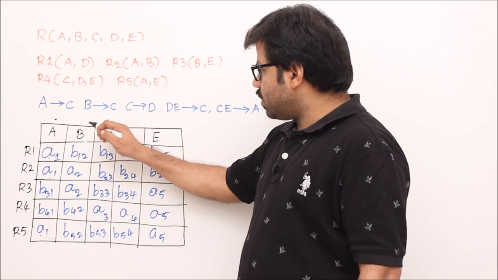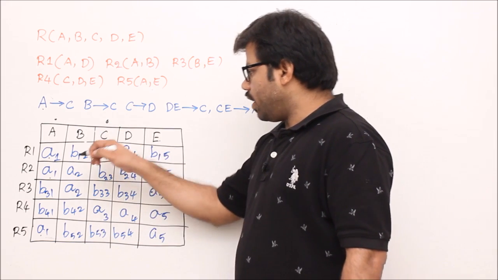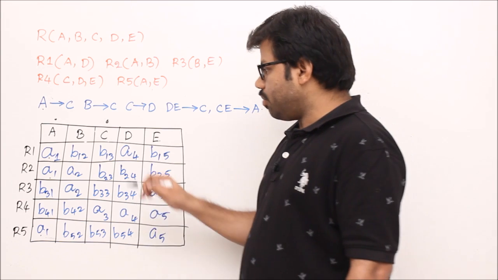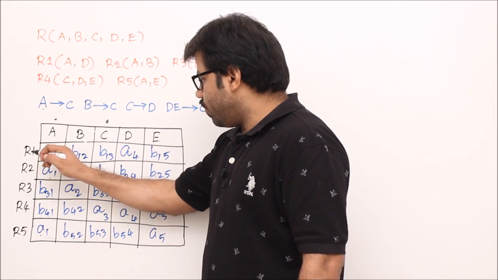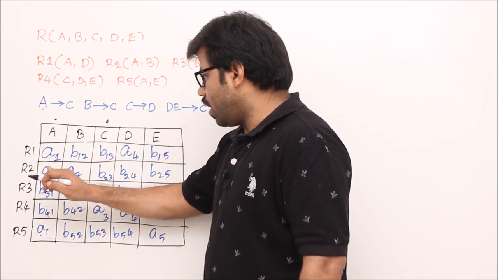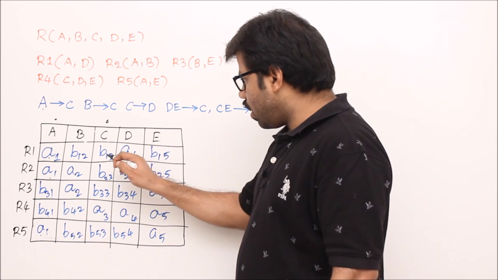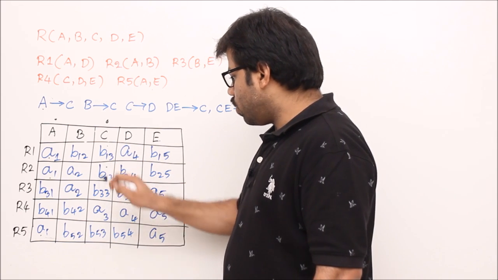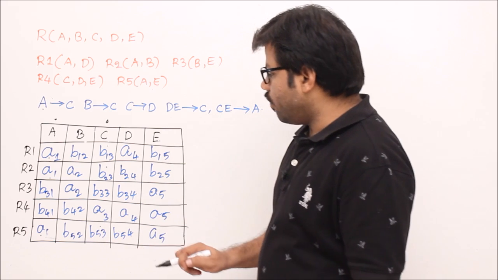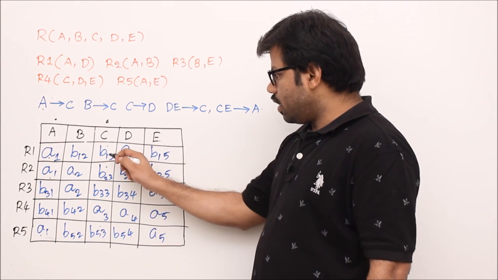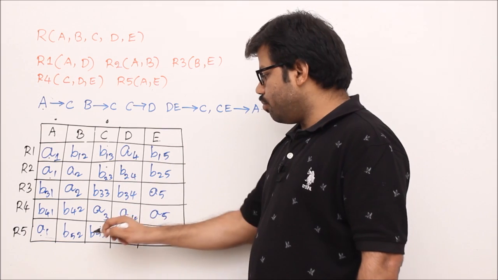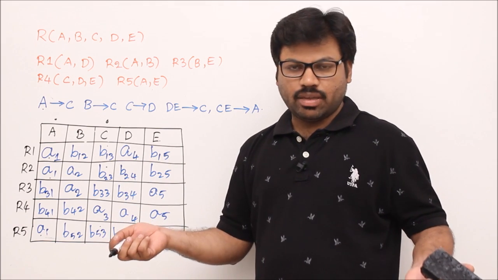Go to the corresponding Cth column. That corresponding entries also should be same, right? That means they should have equal values. A1, A1 and A1, R1, R2, R5. Focus on R1, R2, R5. Here the value should be same. Let's focus on them. B13, B23, B53. What to do then to make them equal?